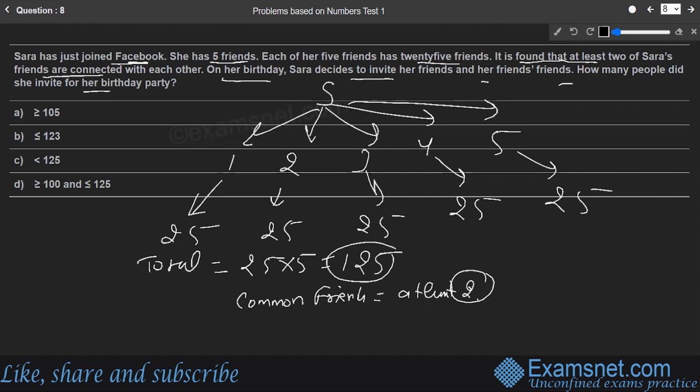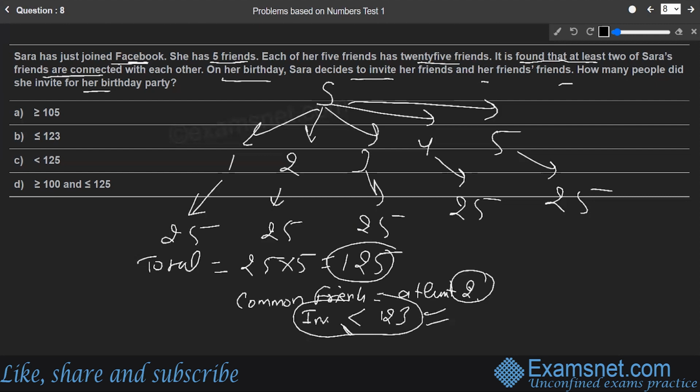How many invitations are required? It has to be either equal to 123 or less than 123. Maximum 123 invitations will have to be sent, because those 2 people, in the minimum case, have just one friend each, so they are not supposed to be invited. So only 123 or fewer friends are supposed to be invited.